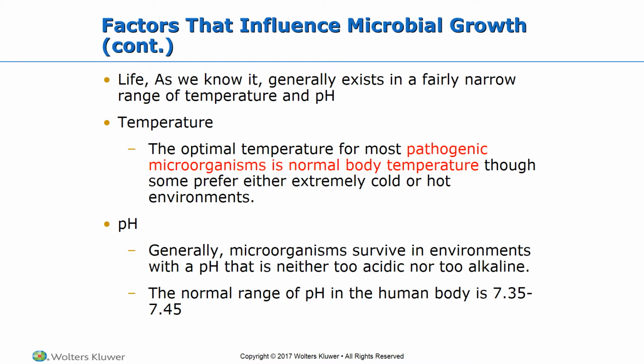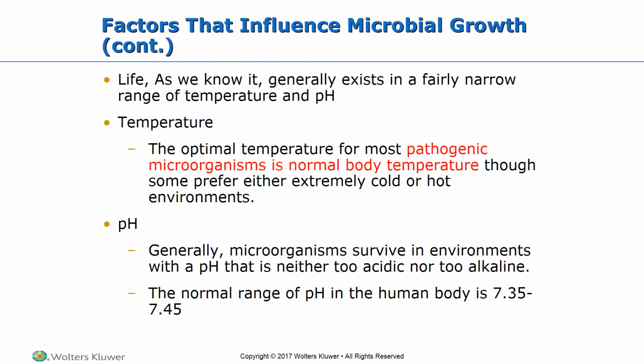Okay, here we go. You will hear this phrase throughout the program, at least in all of my classes, and you'll hear it over and over again, so become familiar with it now. Life, as we know it, generally exists in a fairly narrow range of temperature and pH. That's life as we know it.